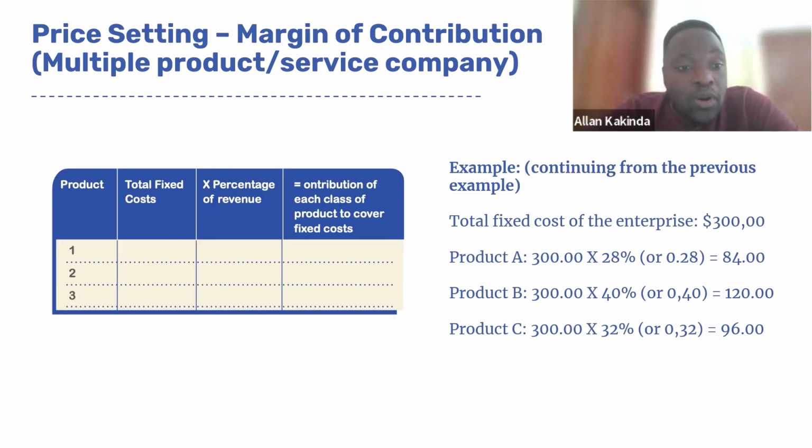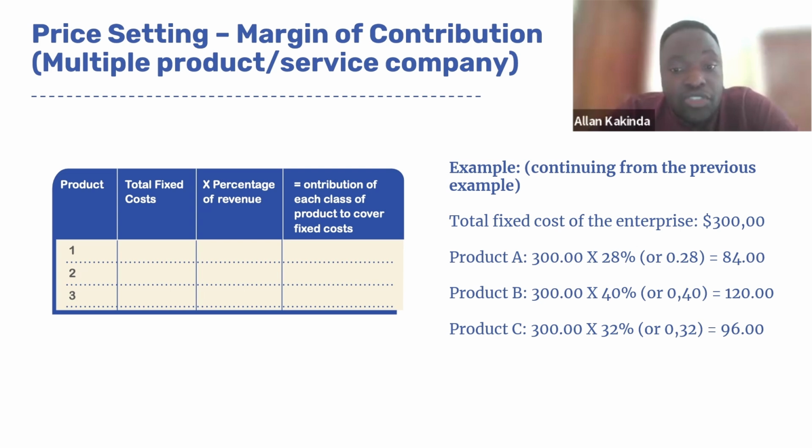So if we go along now, we will get total fixed costs, which remain the same, but then we'll add those percentages and get the contribution of each of these products. So let's say the total fixed costs are $300. So that's uniform across. And then you have 28%, 40%, and 32%.